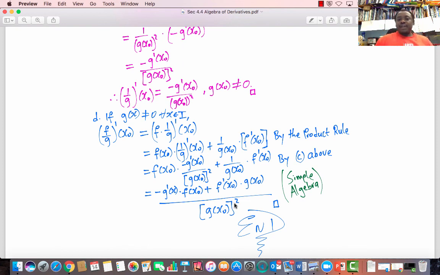So from now on, if I ask you to find the derivative of a function using the rules of differentiation, you are free to use the sum rule, the product rule, the quotient rule, and the chain rule, which we will see later. But if I do say find the derivative of the function using first principle or by definition, then I want you to actually go ahead and compute for me the limit as x approaches x naught of f of x minus f of x naught divided by x minus x naught.